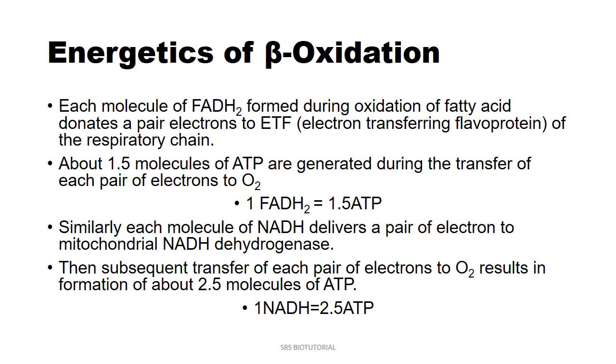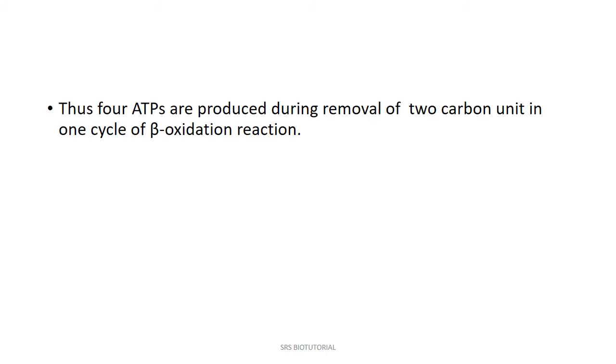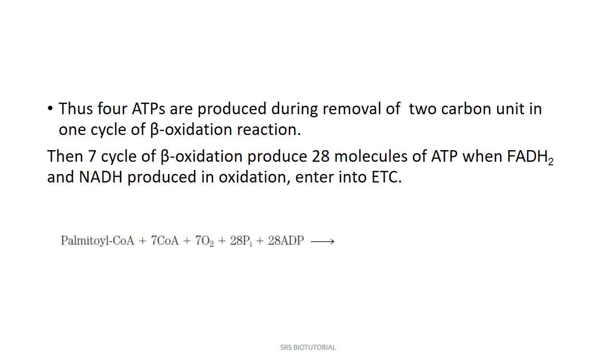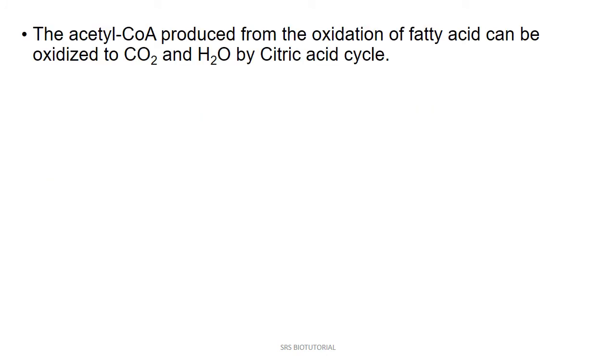Hence, 1 NADH produces 2.5 molecules of ATP. Hence, 4 molecules of ATP are produced during removal of a 2 carbon unit in one cycle of beta oxidation. Then 7 cycles of beta oxidation produce 28 molecules of ATP when FADH2 and NADH produced in oxidation enter the electron transport chain. This is the overall reaction of complete oxidation of one molecule of palmitoyl coenzyme A.